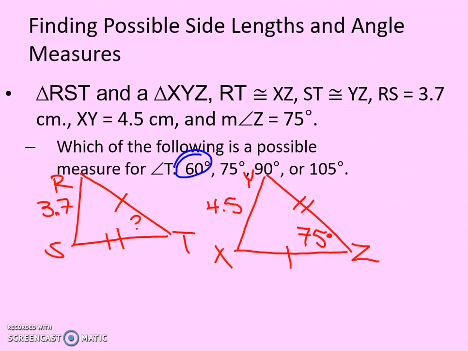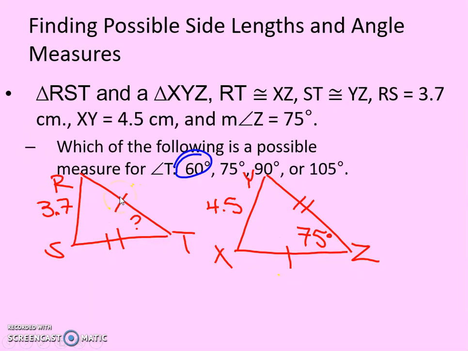Finding possible side lengths and angle measures. Triangle RST and triangle XYZ. You're going to draw it. Please draw it with me right now. RST, XYZ. And then RT is congruent to XZ. So you need to make a mark. So right here, this mark and this mark, they are congruent.